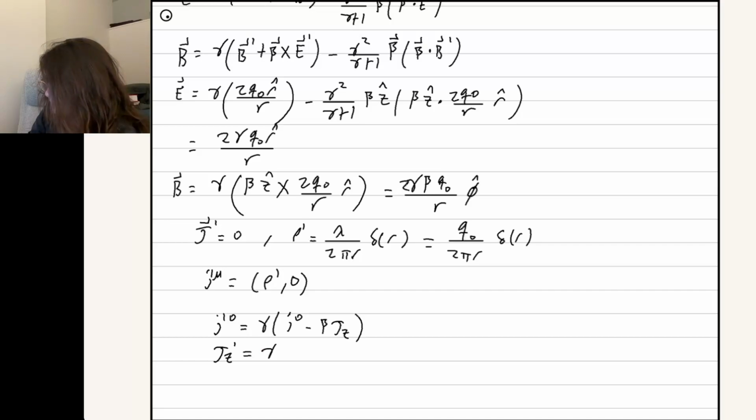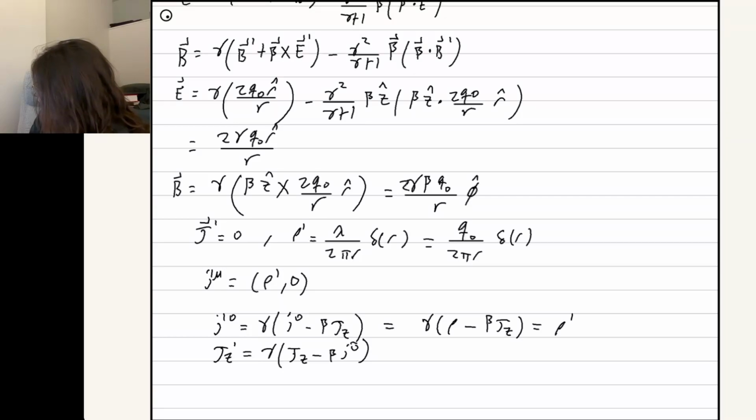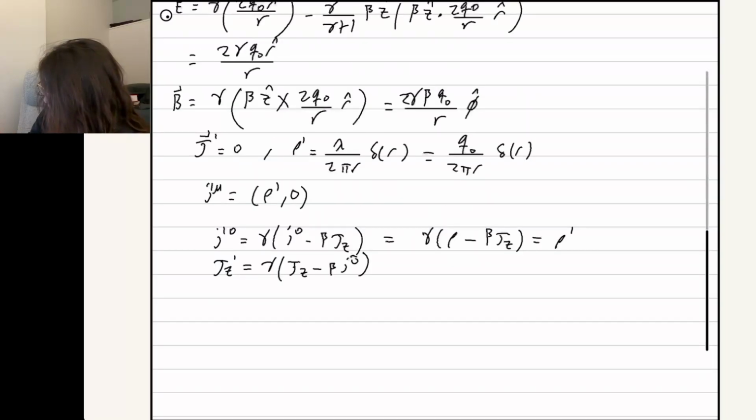And then similarly here, you get the jz minus beta j0, which is just given by rho minus beta jz equals just rho prime. So this equation we'll come back to.